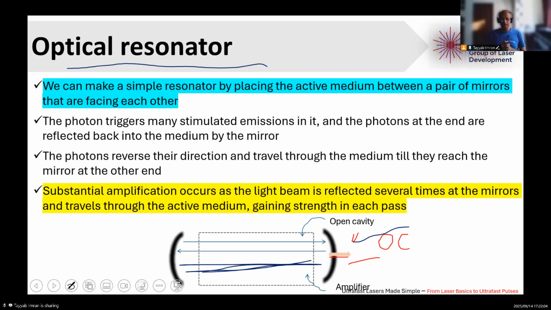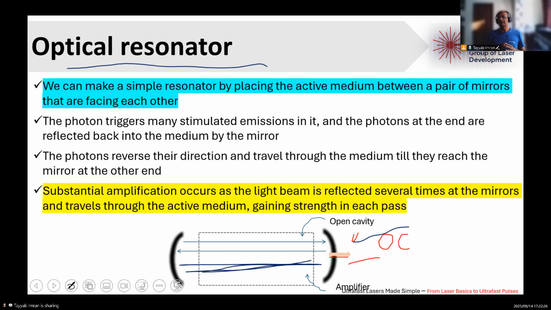If you see the yellow portion of the slide, what is written there? That substantial amplification occurs if the light beam is reflected several times. Several times, I mean, uncountable.